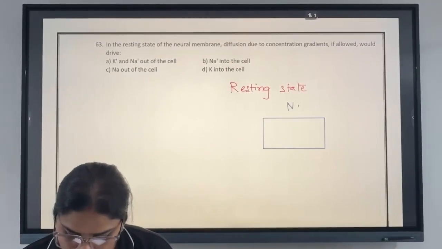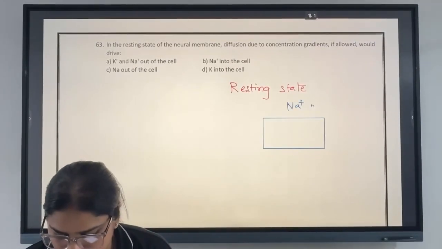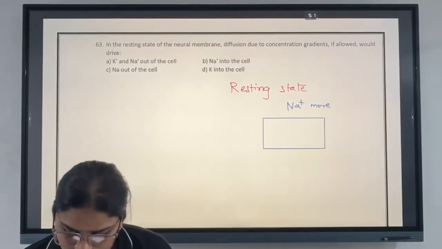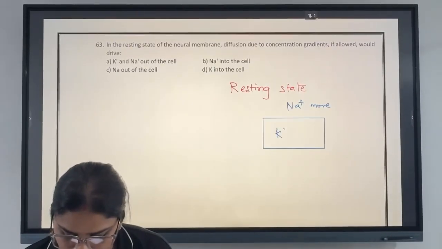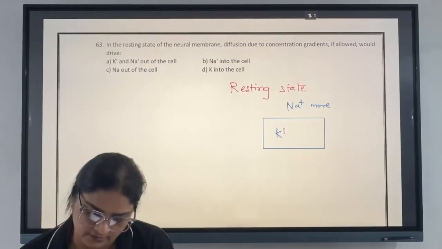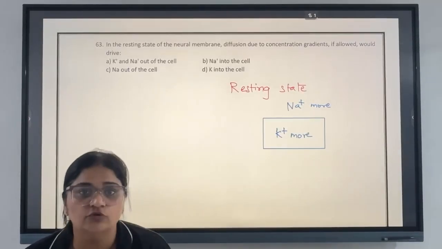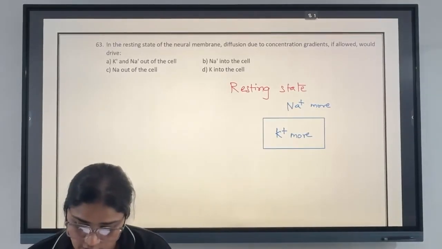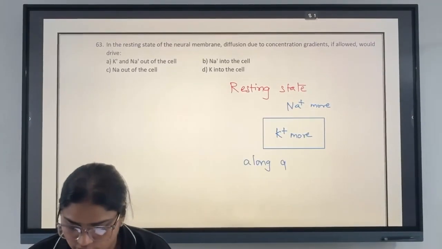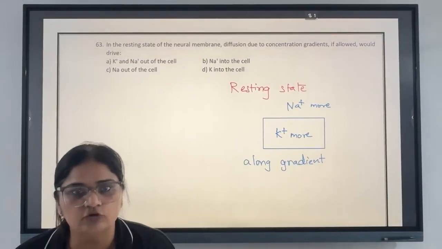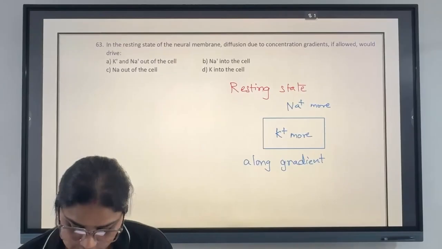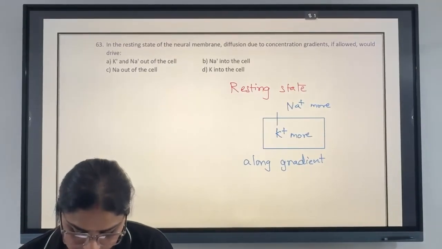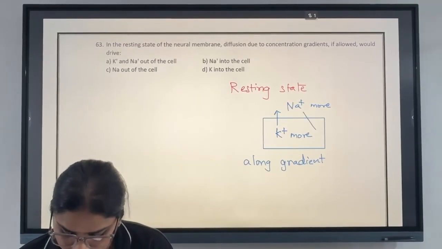There is more of Na plus outside and less of Na plus inside, and there is more of K plus inside and less of K plus outside. So if they were allowed to move along the gradient, K plus would have gone out of the cell and Na plus would have entered the cell.